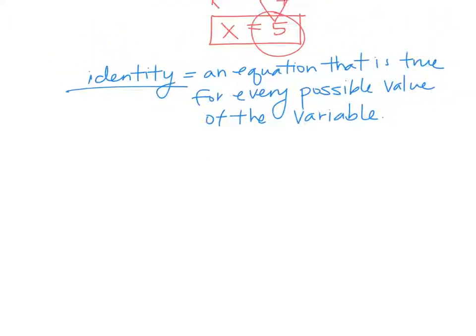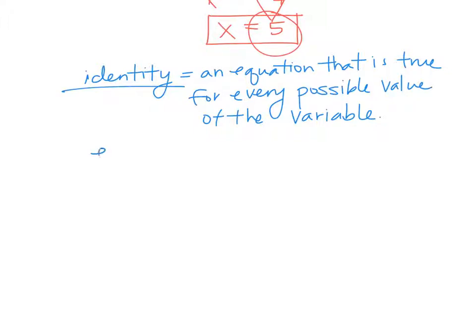So some examples of what an identity might look like are, we could say if we get x plus 1 equals x plus 1, right? If I plug in a 7, 7 plus 1 equals 7 plus 1. If I plug in an 11, 11 plus 1 equals 11 plus 1. If I plug in a negative 4,000, again, it's going to be equal statements.